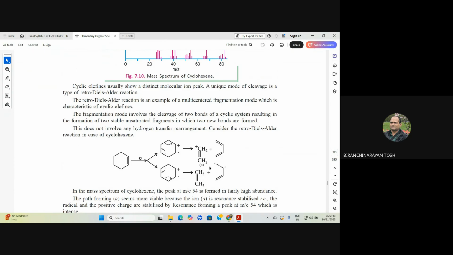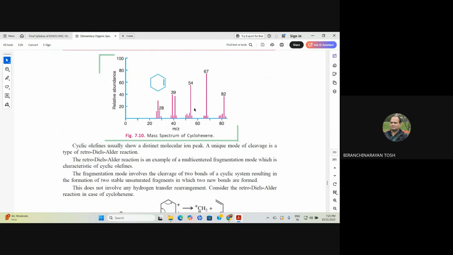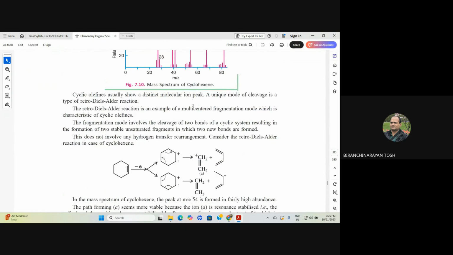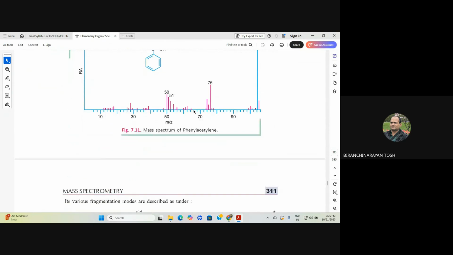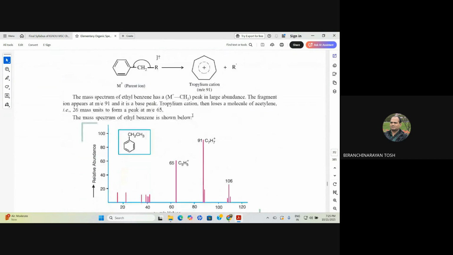So in the mass spectrum of cyclohexene, the peak at m/e 54 is found in fairly high abundance. In the same way, you can go through the other examples, aromatic compounds.